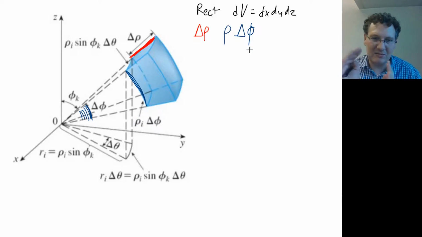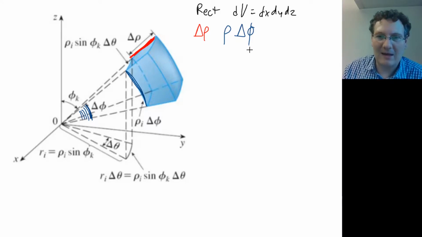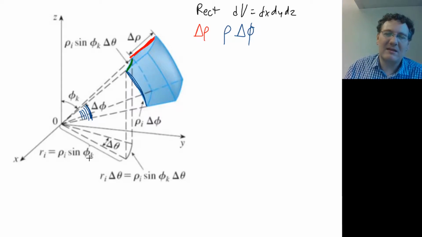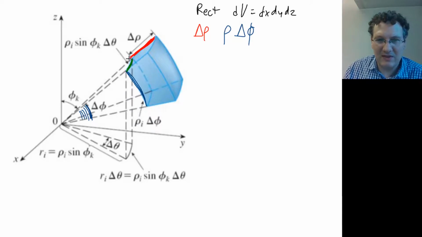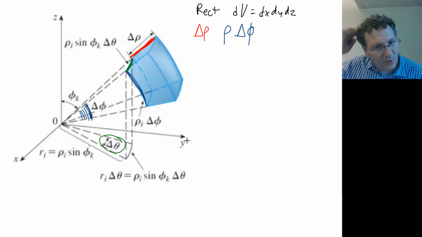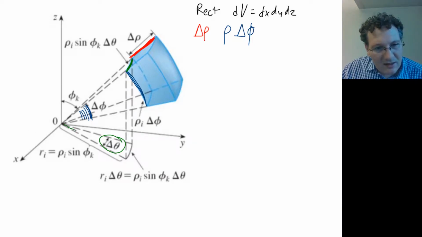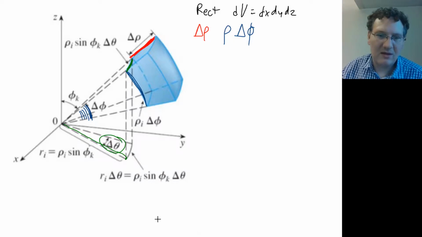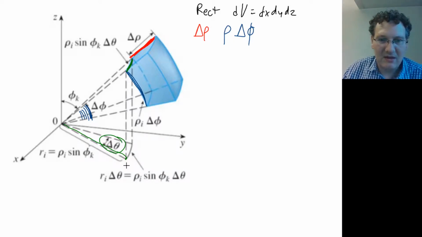This length is scaled linearly with how far away from the origin we are. Now the third one is probably the trickiest to think about. It's this little length there. We're looking at a change in theta, but we want to know the distance if we project this point straight down to the xy plane.